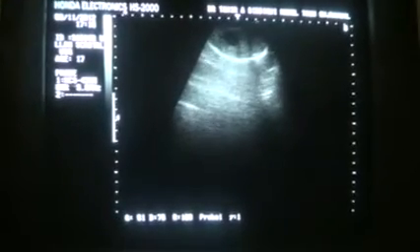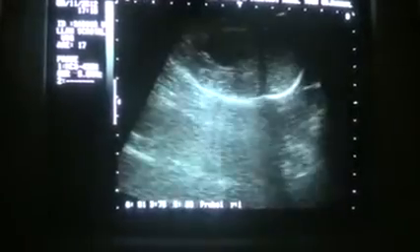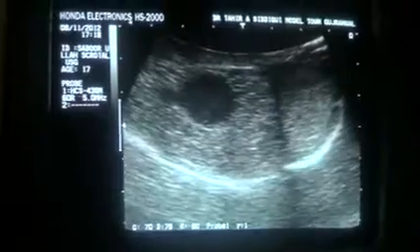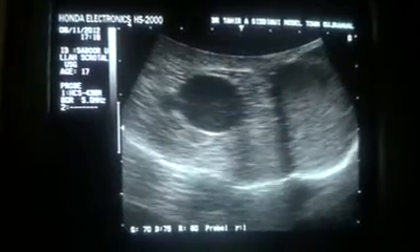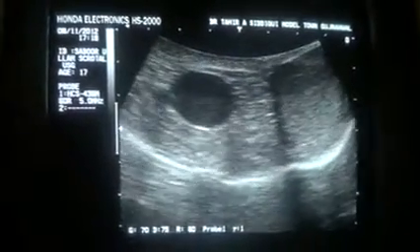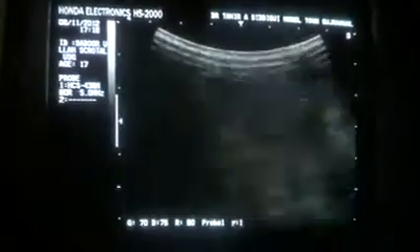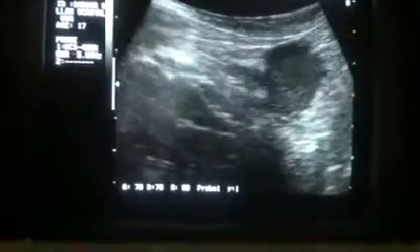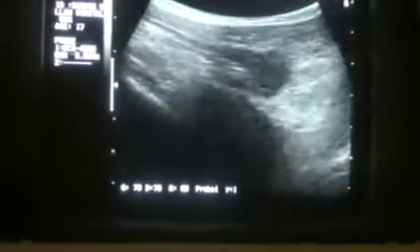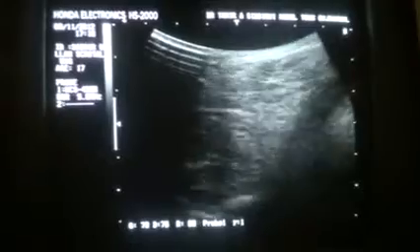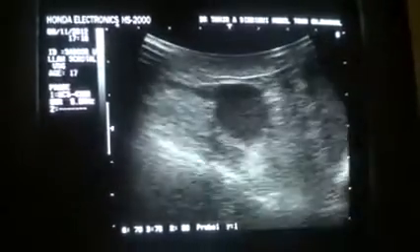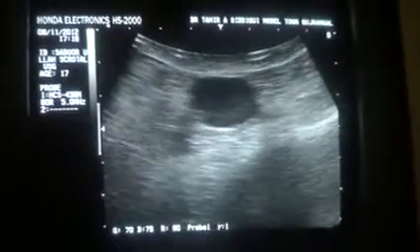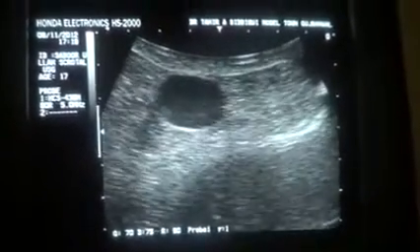Now I'm going to magnify the view, and in magnified view we see that there is no testis seen, and there is no herniation of the bowels in the right side especially.